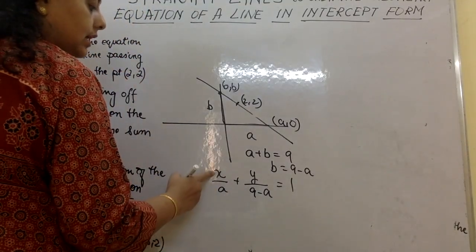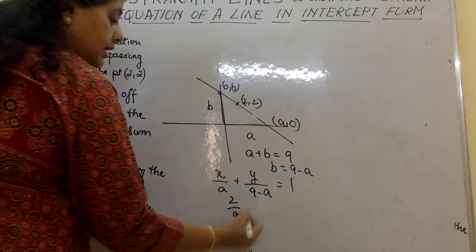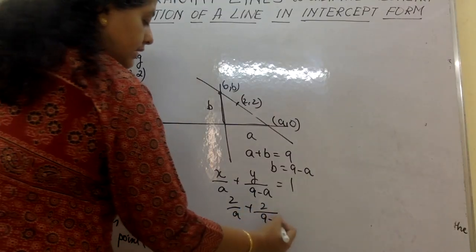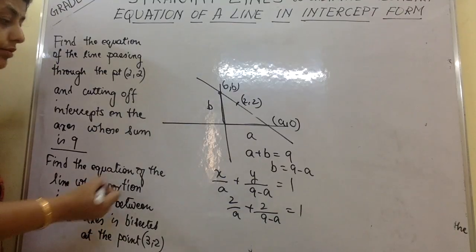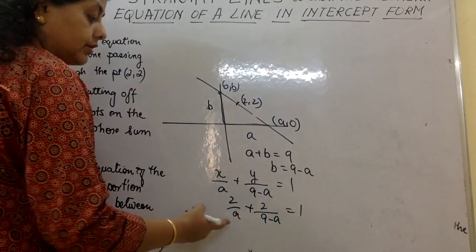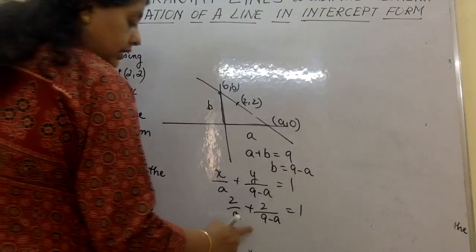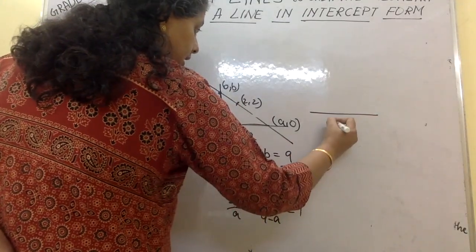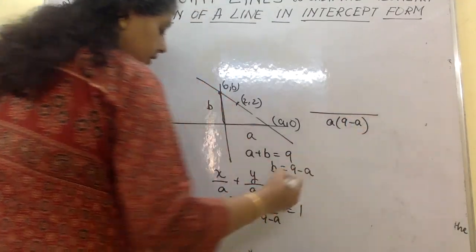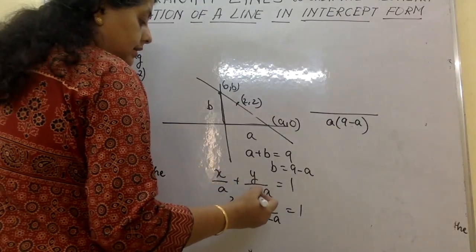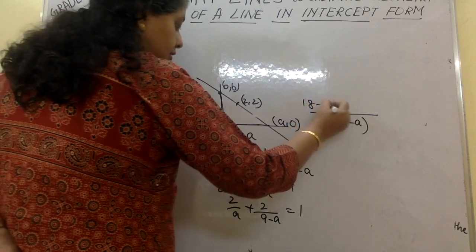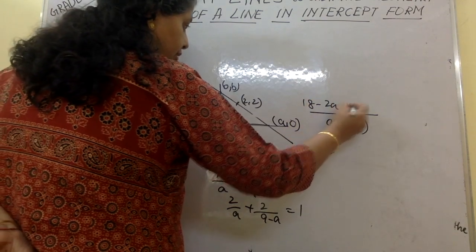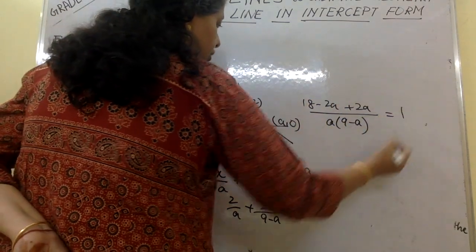Now here I'll put 2 and 2. 2 by a plus 2 by 9 minus a is equal to 1. Here the LCM is a into 9 minus a. Then I get 18 minus 2a plus 2a is equal to a into 9 minus a.